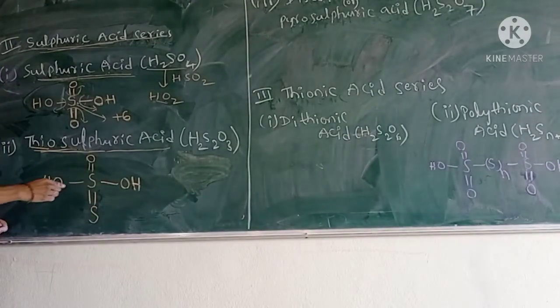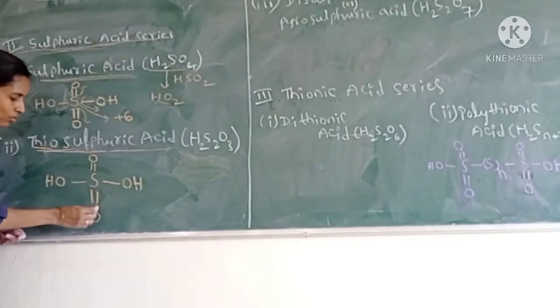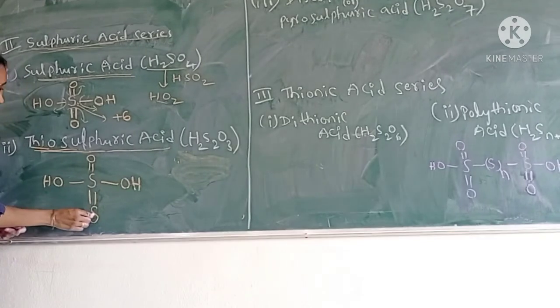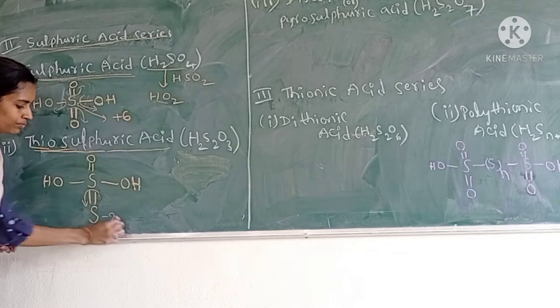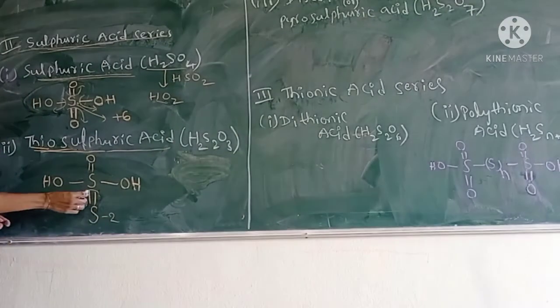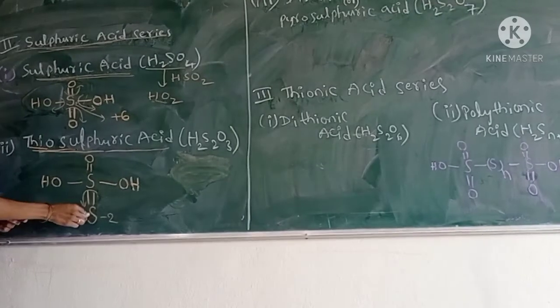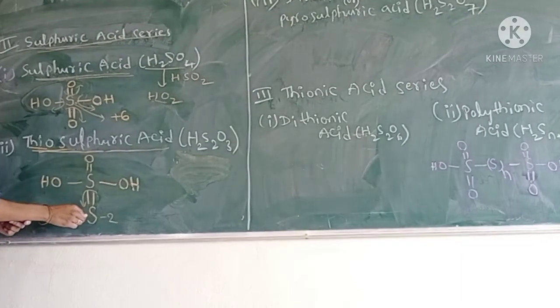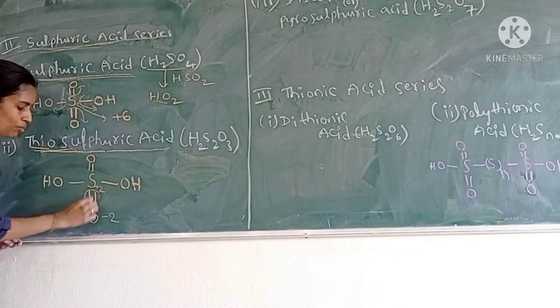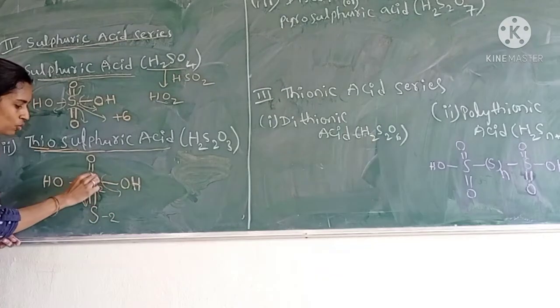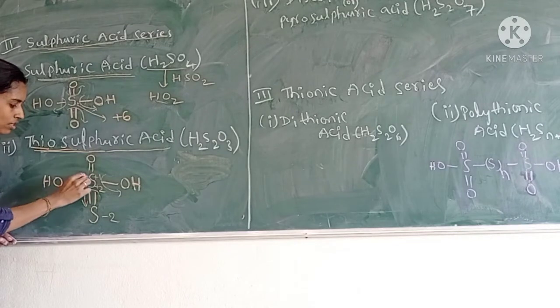H2S2O3. And oxidation state: here also this sulfur is in sp2 hybridization, so it will get -2 oxidation state, because sp2 hybridization has more percentage of s character. And this sulfur will get +2 due to this movement, and due to this one +1 and due to this one +1.